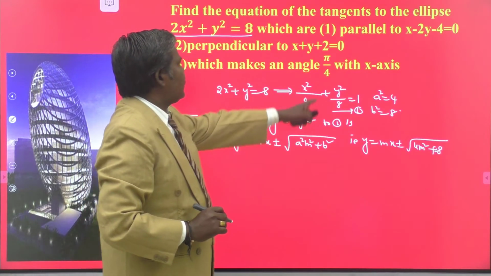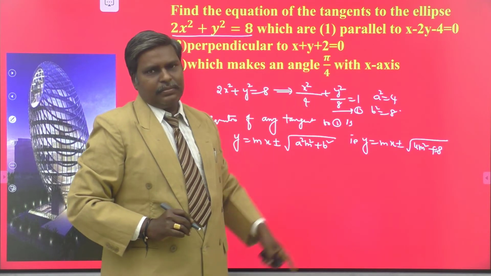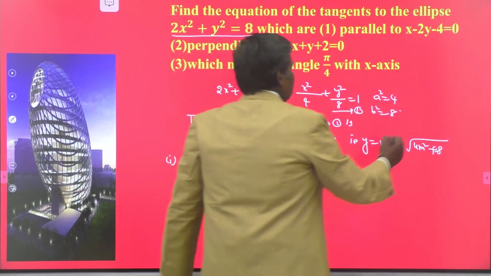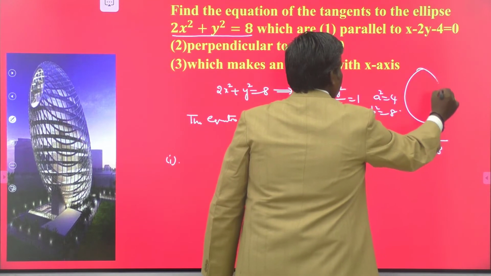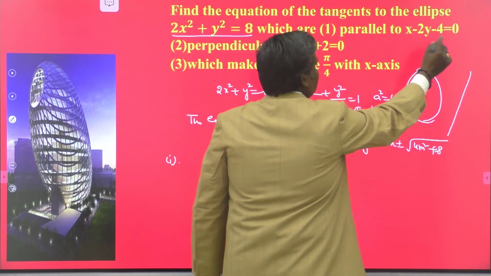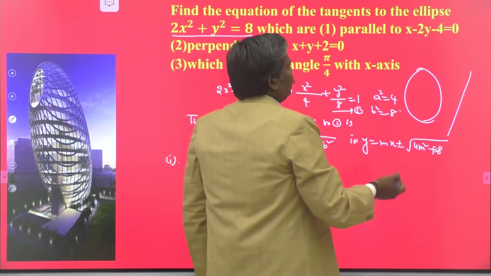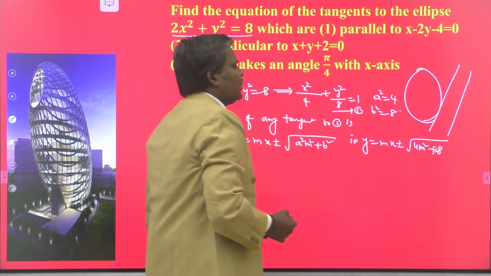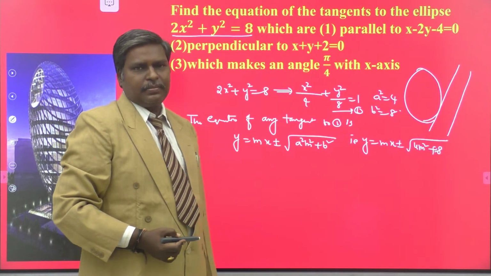So, first question. If this tangent is parallel to our line x minus 2y minus 4 equal to 0. Suppose this is the ellipse, because it is the a less than b case, and suppose it is our line x minus 2y minus 4 equal to 0, a rough diagram. You are going to find the equation of the tangent that is parallel to that line.